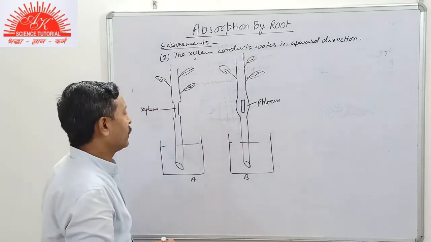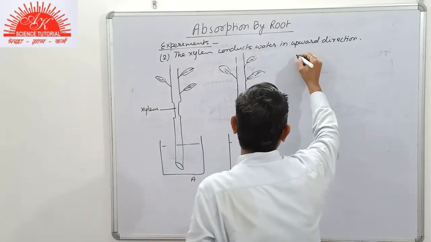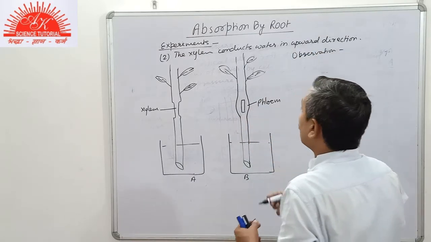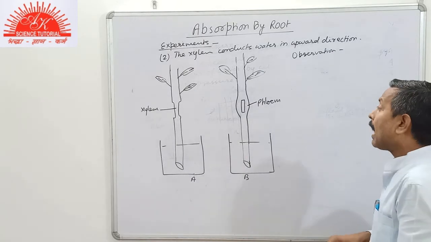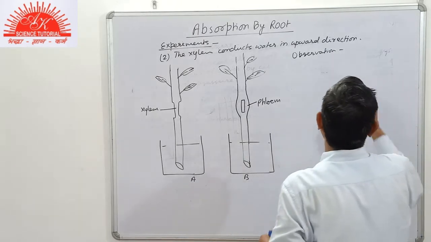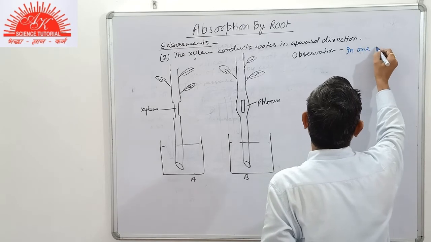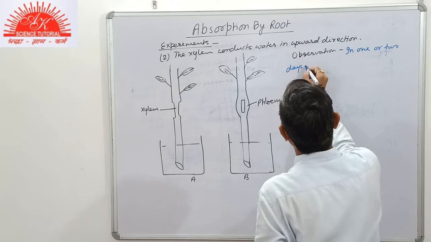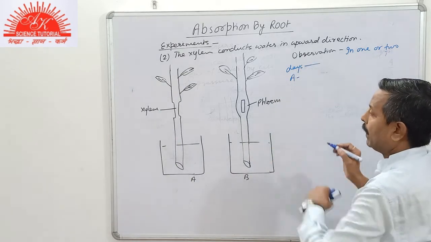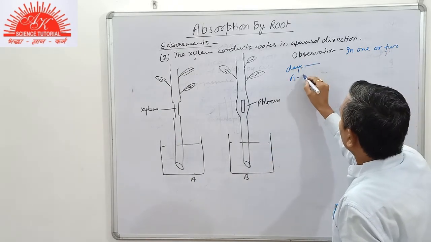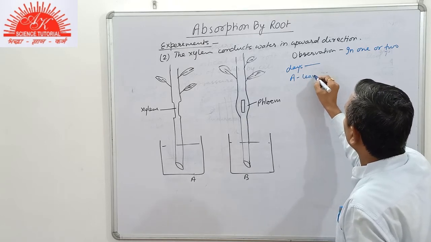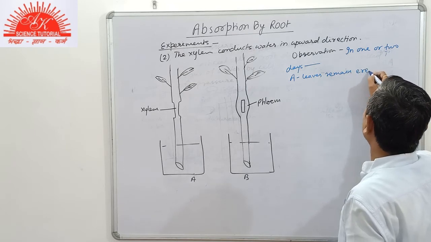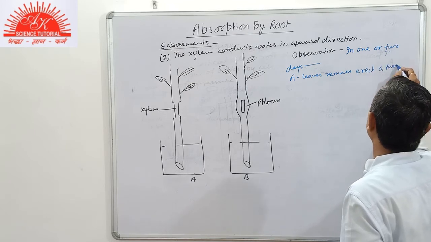Now what will we observe? After a few days, in 1 or 2 days, for setup A, the leaves remain erect and turgid.